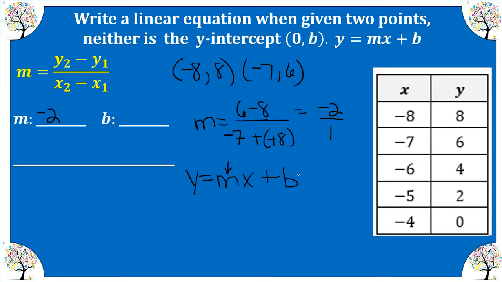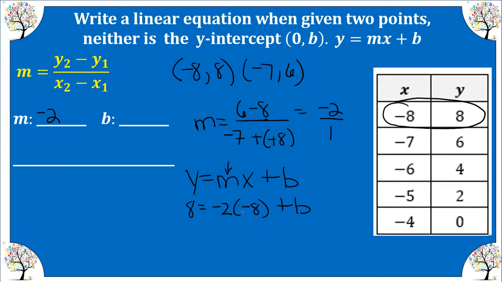So we are just going to pick any point from the table to be our x value and our y value. I'm just going to pick this top point, and I'm going to plug in 8 for the y. My slope is negative 2. My x value of this ordered pair is negative 8 plus b.